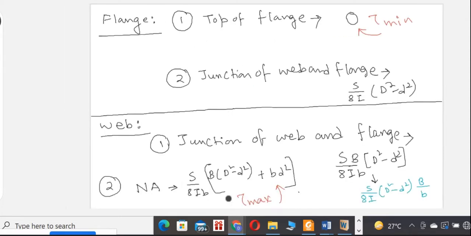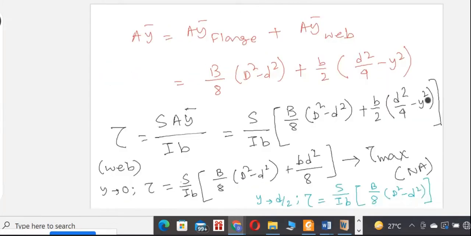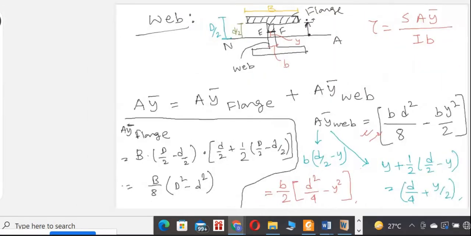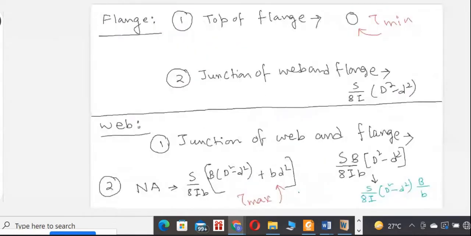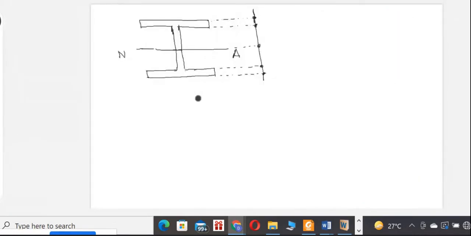The neutral axis has the maximum value. One more thing: the expression again contains the y square part, so again a quadratic function, a parabolic portion, for the web. For the flange also there is y square, so a quadratic function, that means a parabolic curve. At the top of the flange the value was 0, so it is here.